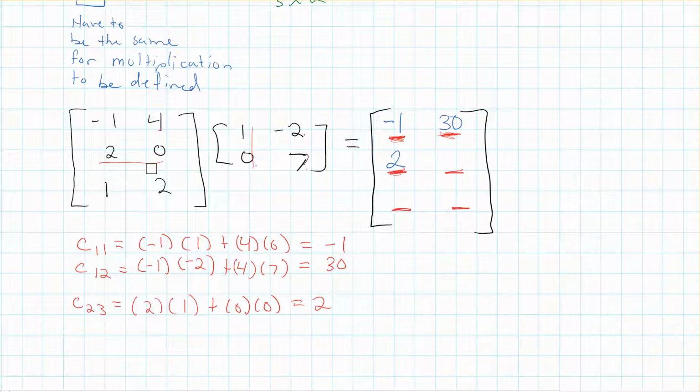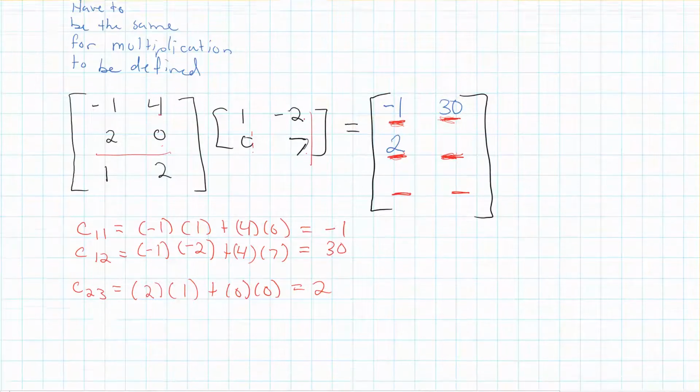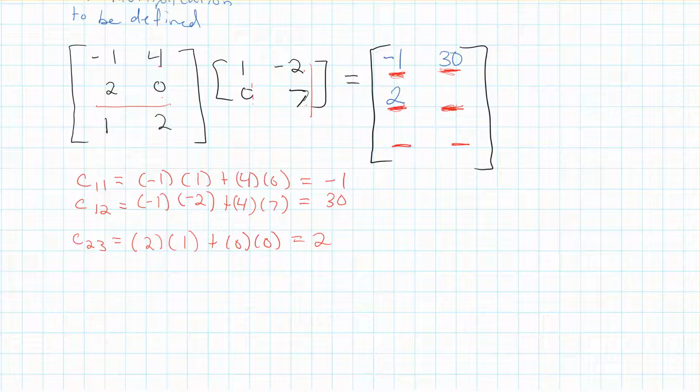Now, hopefully you can start seeing the pattern here. I'm going to erase these lines. And then I'm going to go to this one here. And that's row 2, column 2. So row 2, column 2. And this would be, well, wait a second here.